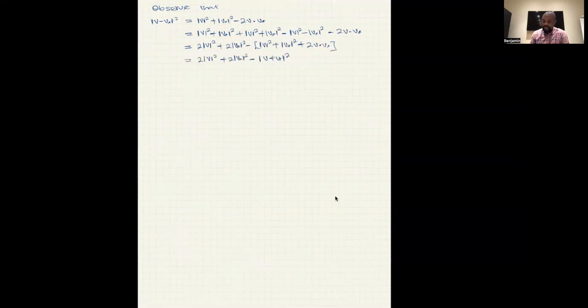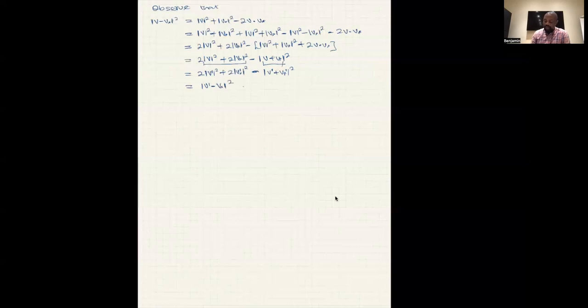Now, applying the conservation of kinetic energy to the first 2 terms and the conservation of momentum to this term, we obtain that we can rewrite this equation as 2 times the absolute value of V prime squared plus 2 times the absolute value of V star prime squared minus the absolute value of V prime plus V star prime squared. And this is equal to the absolute value of V prime minus V star prime squared.